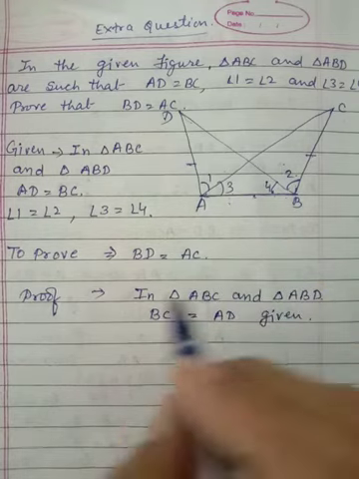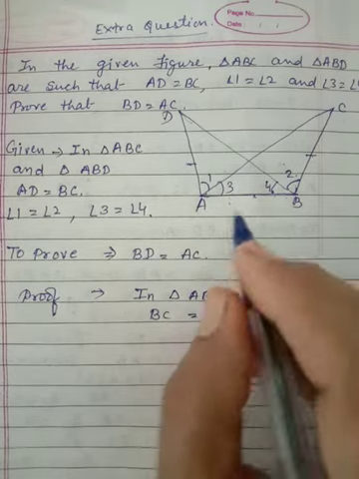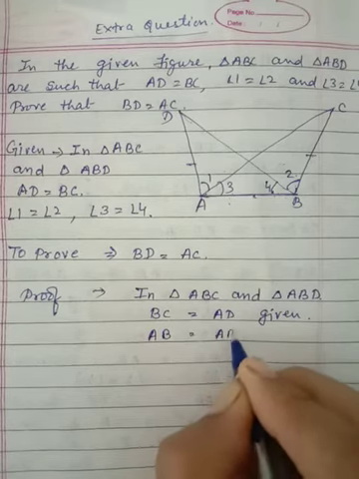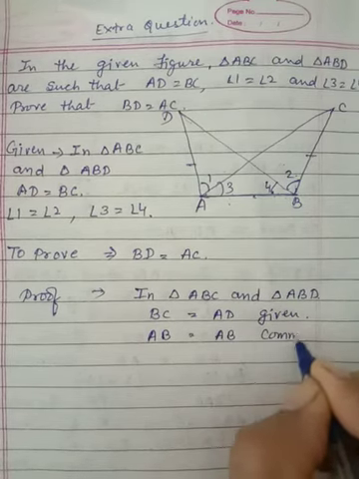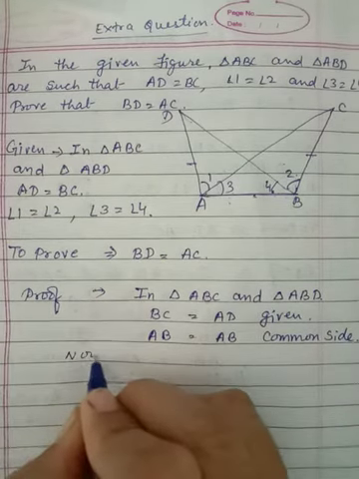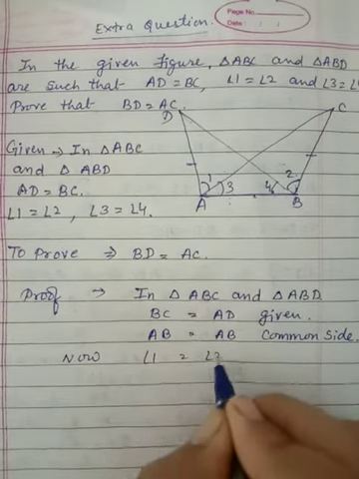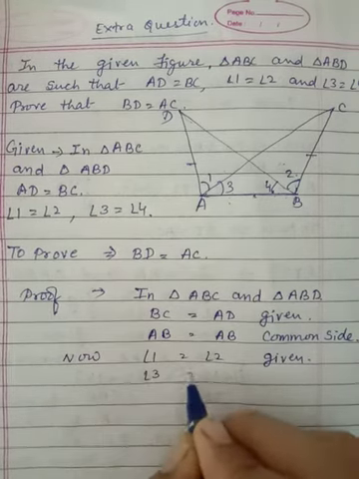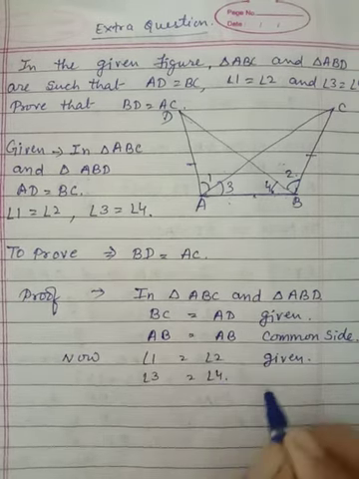That we'll write afterwards. So first write whatever is given. AB is equal to AB, common side. Now angle 1 is equal to angle 2 given, and angle 3 is equal to angle 4 given.